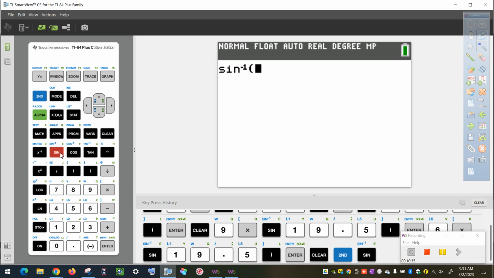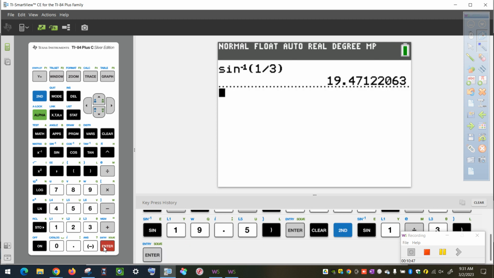Press second sine. So here I have sine inverse. And then I'm going to go ahead and type in my fraction as 1/3. You can type it in as 1 divided by 3. And notice how the answer is about 19.5 degrees. So this is how we work backwards.